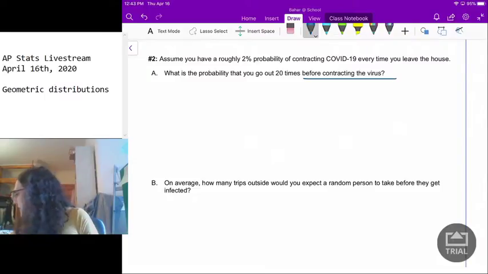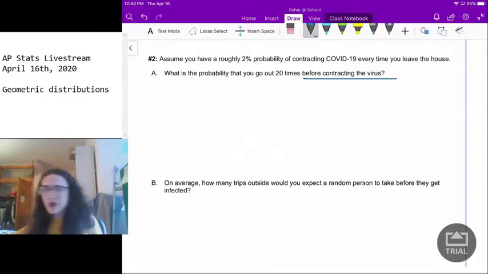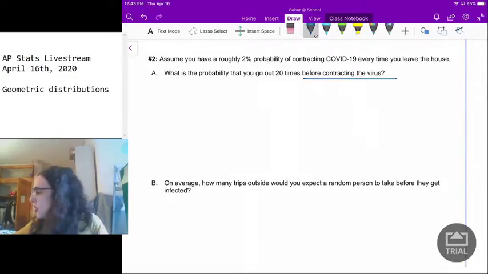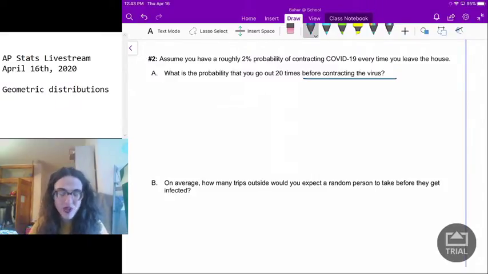But basically we're saying, I managed to go out 19 times totally successfully. 20th time, bam, there we go, we caught it. So this is what we're going to call a geometric situation rather than a binomial one, even though if you were to treat this as a binomial, it would not be incorrect.